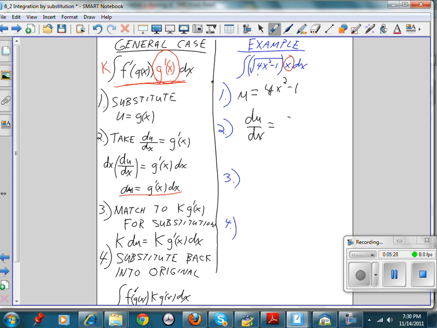This is going to be equal to 8x. I multiply now both sides by dx, which I can do. This is a ratio, right? It's the change in y, which in this case is u, over the change in x. These are going to cancel, and I'm going to get du is equal to 8x dx.